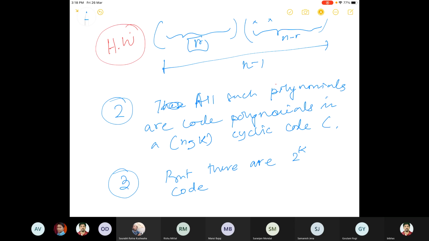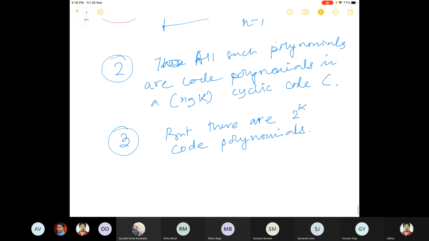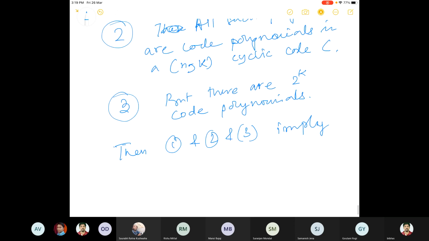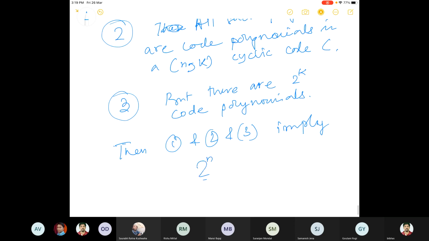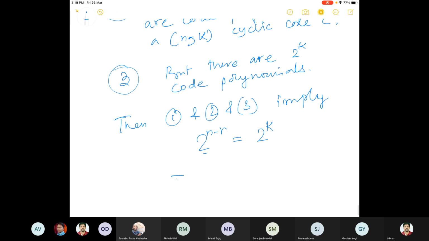So 2 to the power n minus r has to be equal to 2 to the power k. Then observations 1, 2, and 3 imply that 2 to the power n minus r is equal to 2 to the power k, which implies r is equal to n minus k. This is the degree of the polynomial.